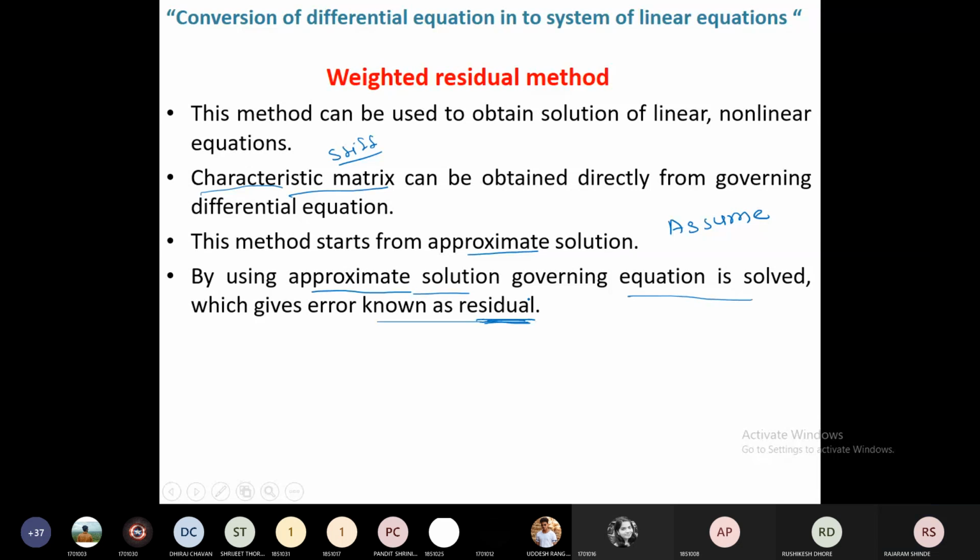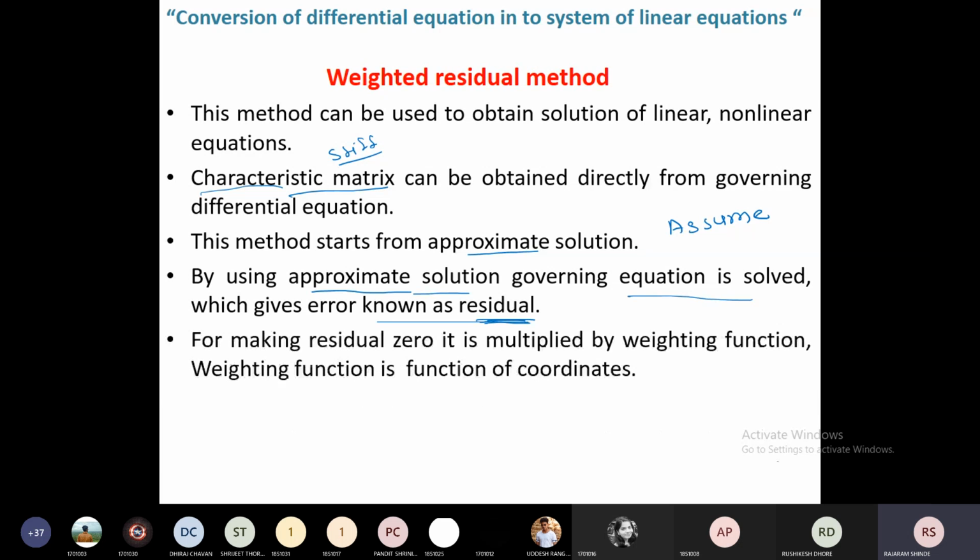Now, next one. Our task is to minimize the residual, to reduce the residual to 0. For making the residual 0, we have to multiply the residual by weighting functions. What are the weighting functions? How to select the weighting functions? That also I will tell you.